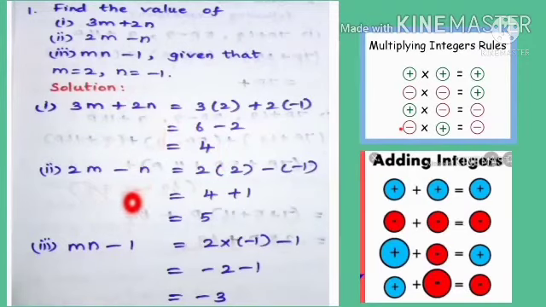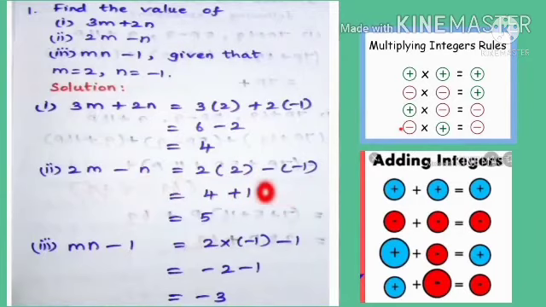So, next, we'll do the next problem, 2m minus n. As a first step, we have to replace each variable m and n by the numerical values which are given in the problem. That is, m is equal to 2 and n is equal to minus 1. So, we get 2 into the value of m, which is 2, minus the value of n, which is minus 1.